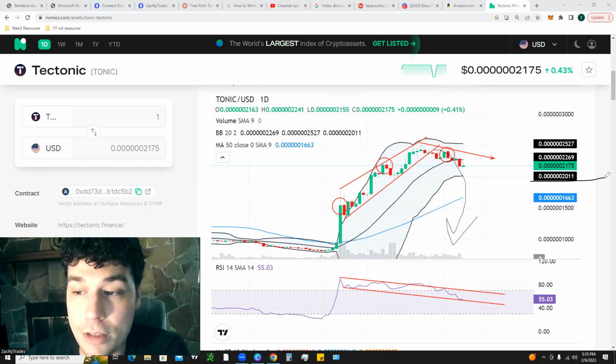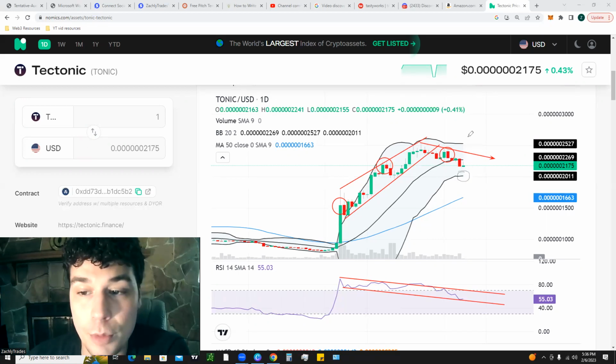Now, again, right here, this is going to be the level you want to hold, your bottom Bollinger Band. So if you're not familiar, these 3 lines right here are the Bollinger Bands, and they're really useful for finding out when things are overextended, overbought, and also when they get oversold. Typically something is not going to trade outside of the top Bollinger Band.